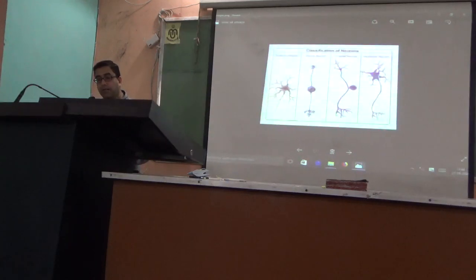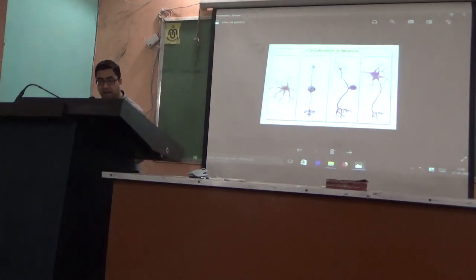Then there is one more type which is known as anaxonic. You can see here, there is no axon. Anaxonic neurons are found in invertebrates, just like the unipolar ones, but they are also seen in humans, where they are seen as amacrine cells, which are the interneurons in the retina.